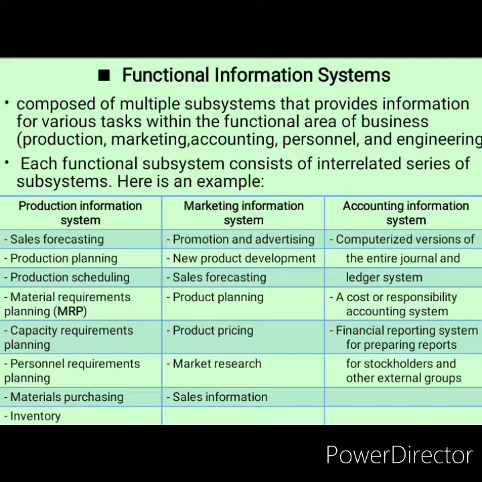Next is functional information system, which is composed of multiple subsystems that provide information for various tasks within the functional area of business. Each functional subsystem consists of an interrelated series of subsystems. Examples are production information system, marketing information system, and accounting information system.